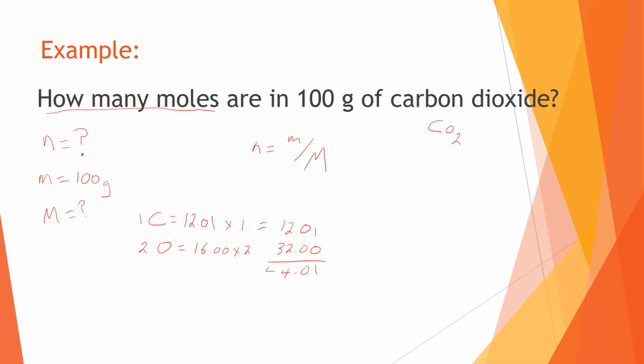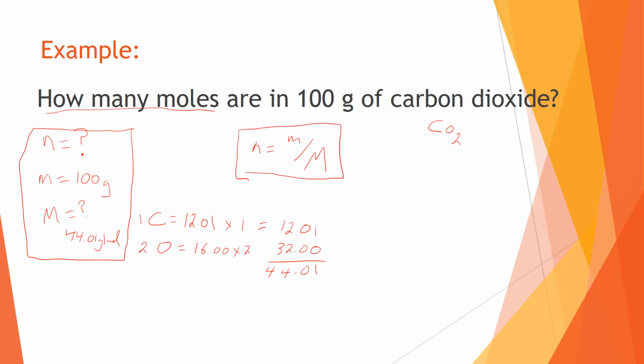So we know that the molar mass of carbon dioxide is 44.01 grams per mole. So now we have what we are being asked in the question, and we have what we're being given in the question. We have our formula on how to answer it. And basically now we just plug in the numbers.